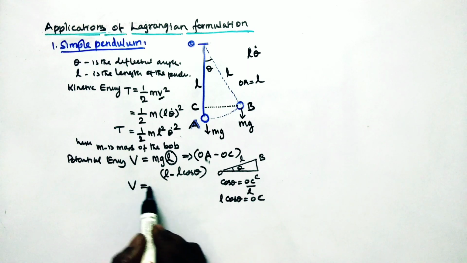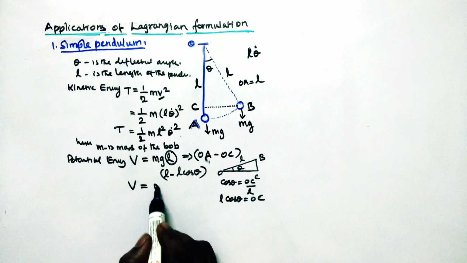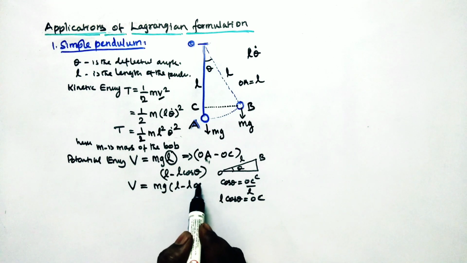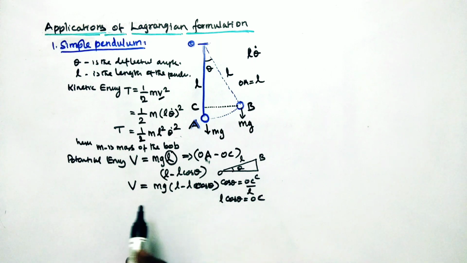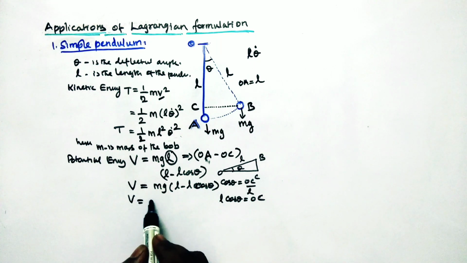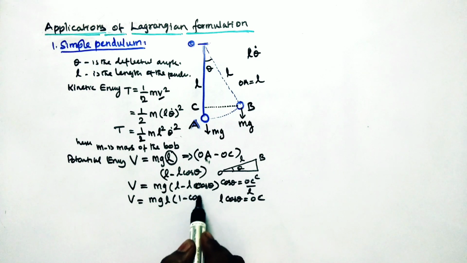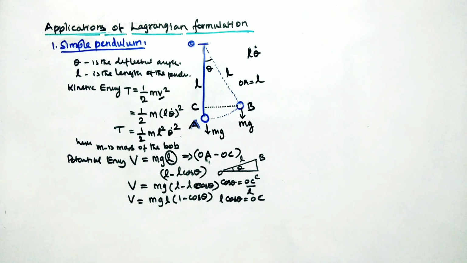Therefore, finally we can write V equal to mg (L minus L cos theta), and then V equal to mgL (1 minus cos theta) is the potential energy of the pendulum.